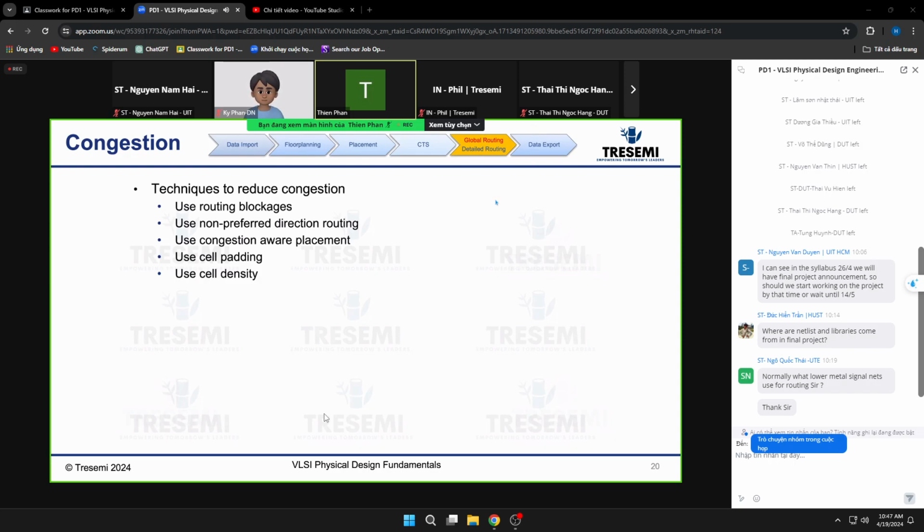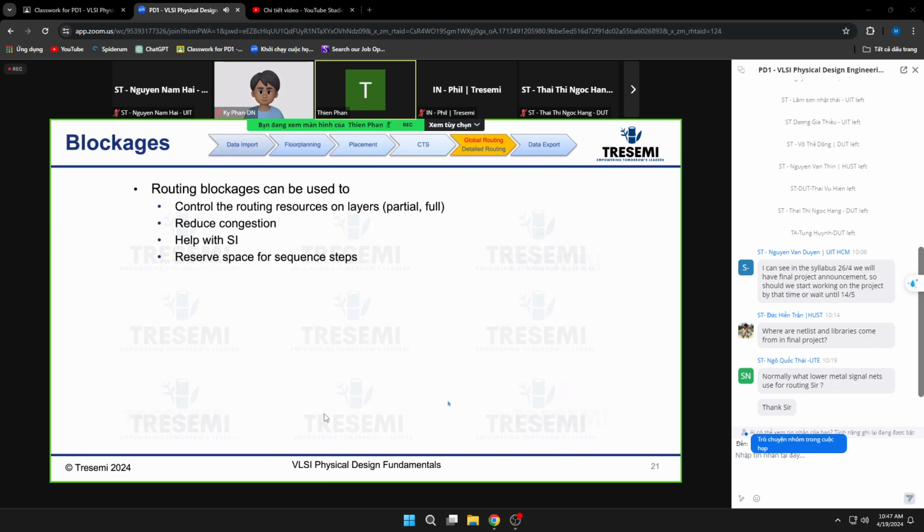Okay, so let's see next here. I think this reiterates why we need to do these. The reason we add routing blockages is that we understand where the signal should or should not go, right?